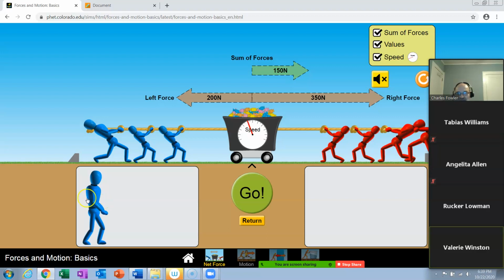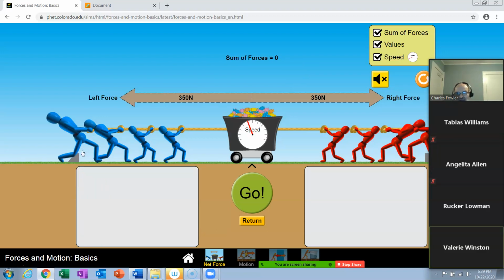Okay, so let's get Big Blue up there on that last knot. What's your sum of forces? Zero. What's the acceleration? Okay, in which direction? No direction. Will there be an acceleration? Really? Sum of forces zero? That means the acceleration is zero.